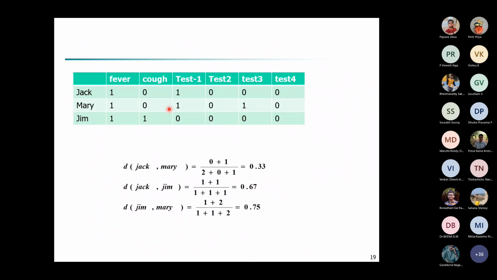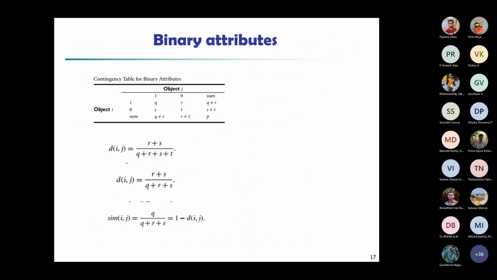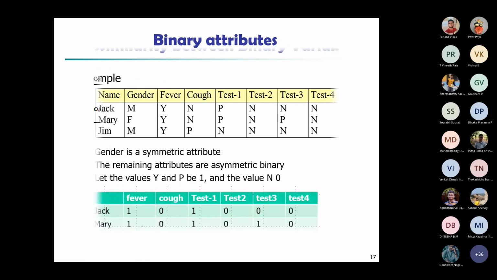Now how do we find the similarity? For asymmetric binary, the formula is R plus S by Q plus R plus S. At least remember that the number of mismatches is in the numerator, and the denominator is the number of mismatches plus the 1 1 matches. So that count also.